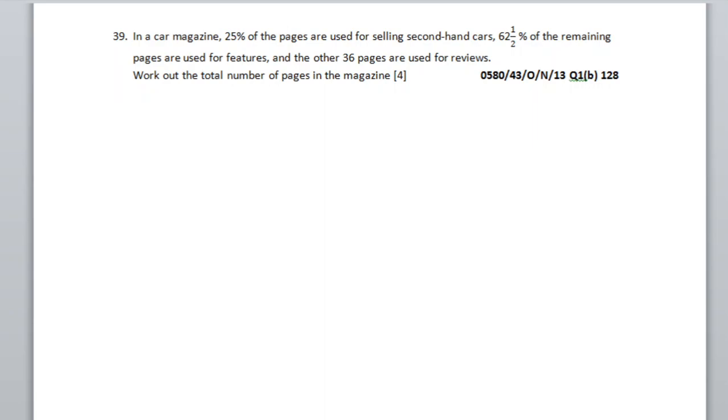In a car magazine, 25% of the pages are used for selling second-hand cars. 62.5% of the remaining pages are used for features, and the other 36 pages are used for reviews. Work out the total number of pages in the magazine. We're given a lot of percentages and only this number 36.